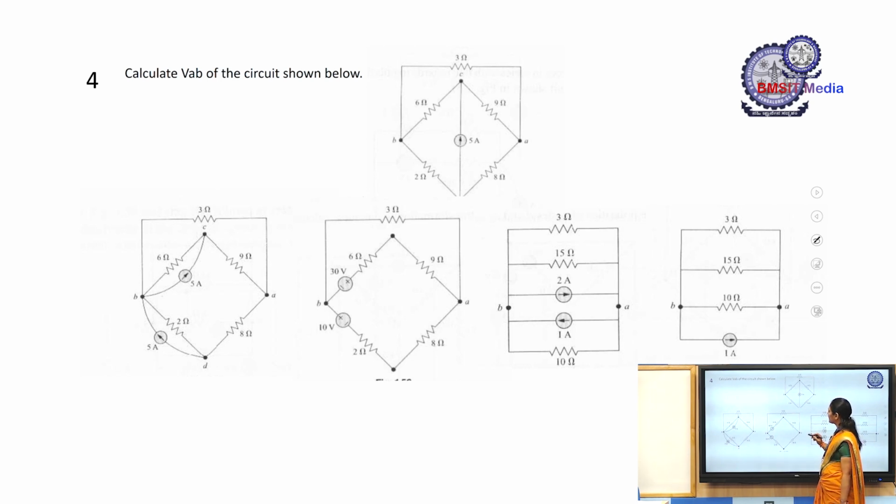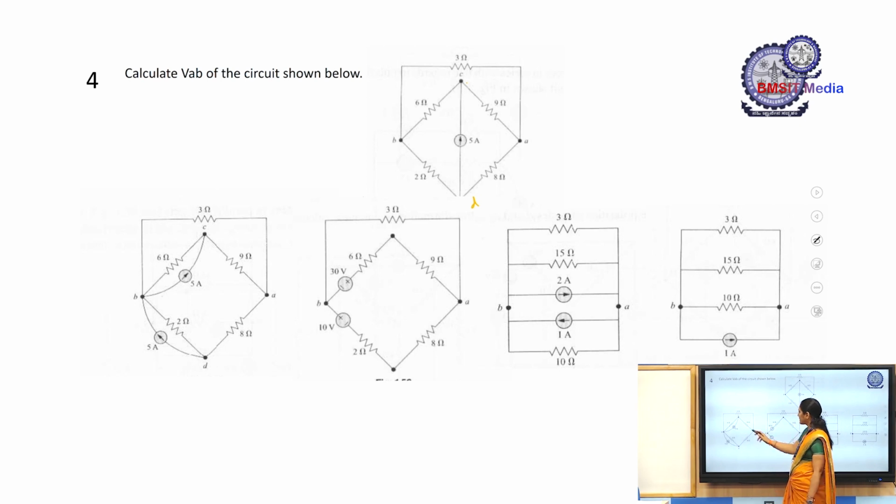Here we have nodes A, B, C and D. From D, the current is flowing from D to C. Either we can take a route from D to A to C, or from D to B, B to C also we can take a route. Here we have taken the flow of current from D to B, B to C.